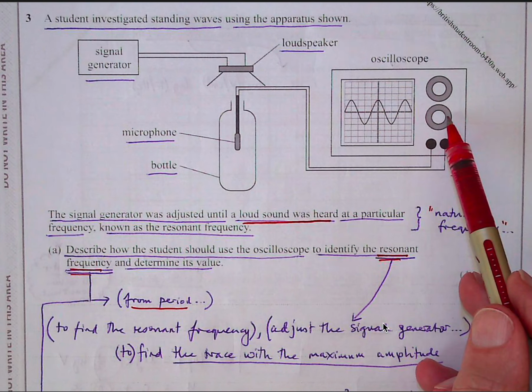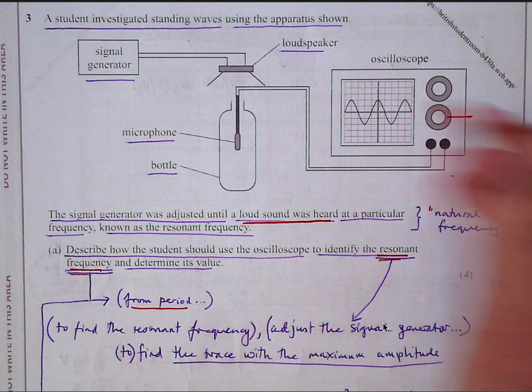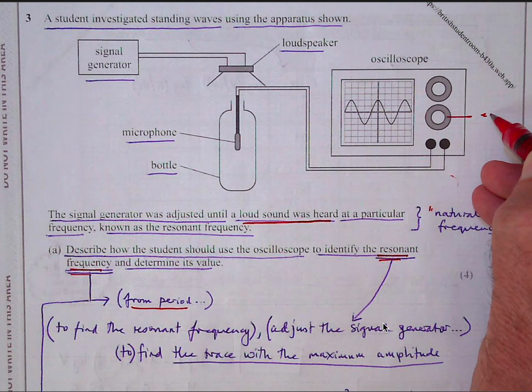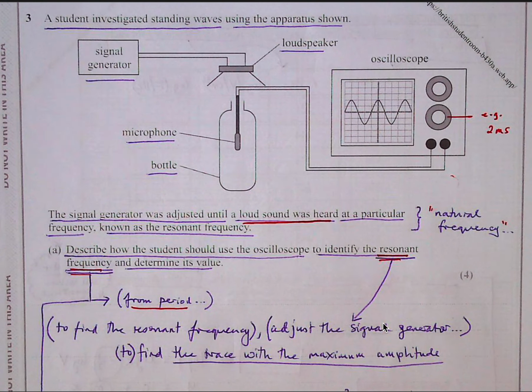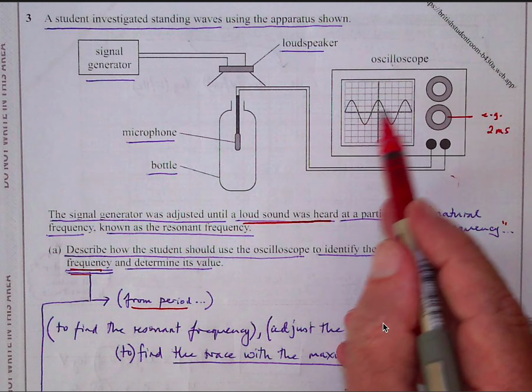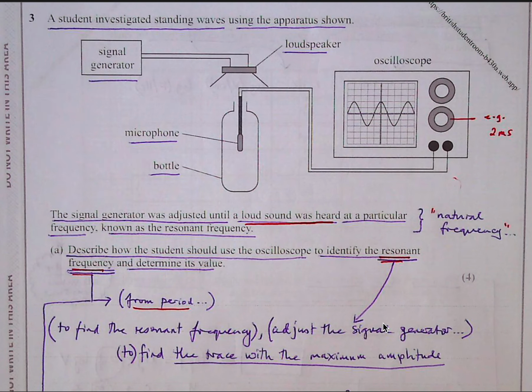One of these is a time-base setting, and it will tell you how much each division is worth. For example, each square is worth 2 milliseconds. So you count how many squares there are, those are called divisions, and then you multiply it by the time-base setting, which is per division.